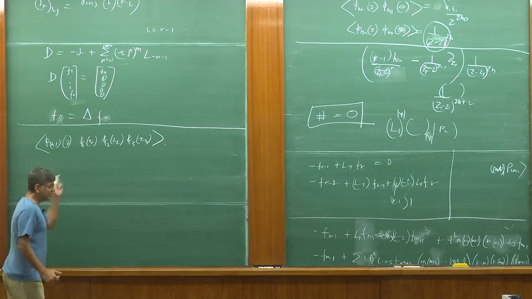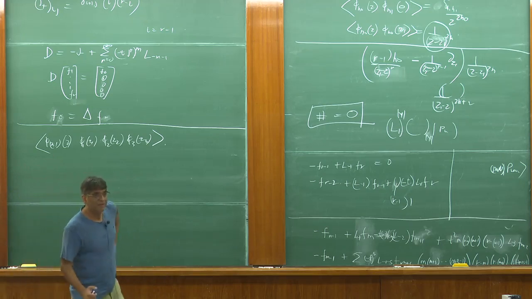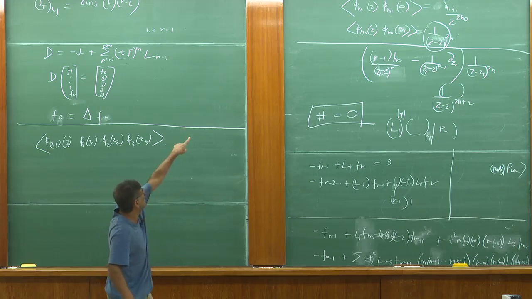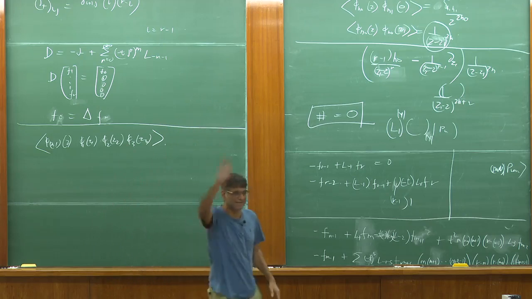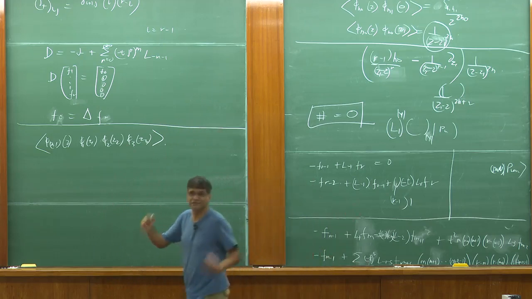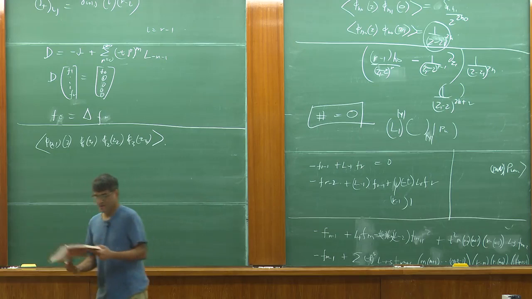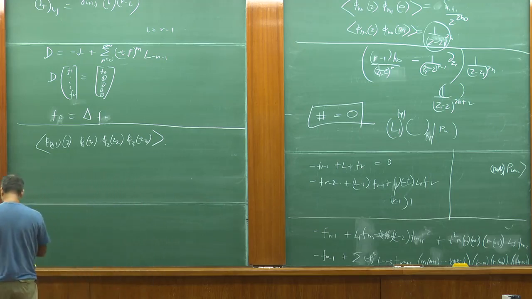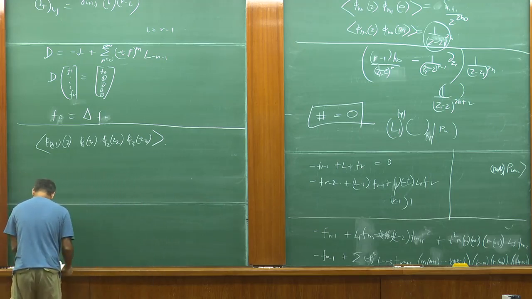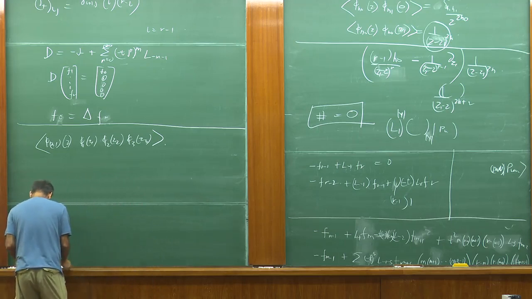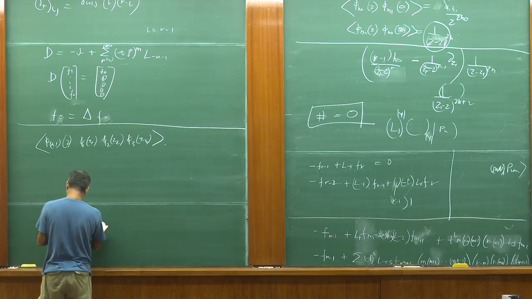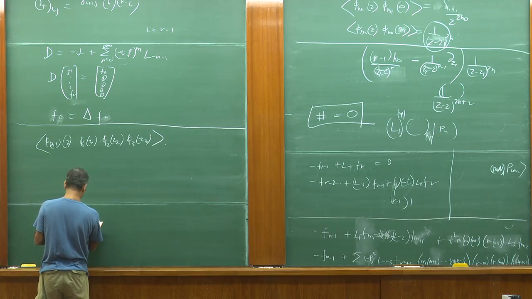Now, in this case, it's all very easy because this null state condition was a very easy one. Either by specializing what we did here to phi 2,1, or using what we did right at the beginning of the class, we worked out explicitly the form of this null state. We just write down what the null state is. Where is that?